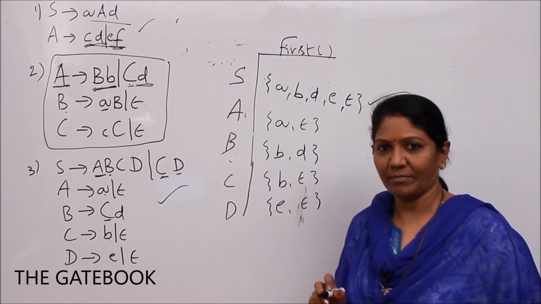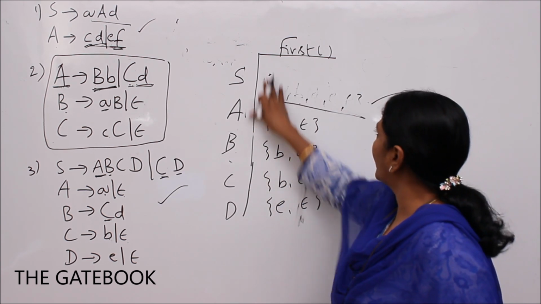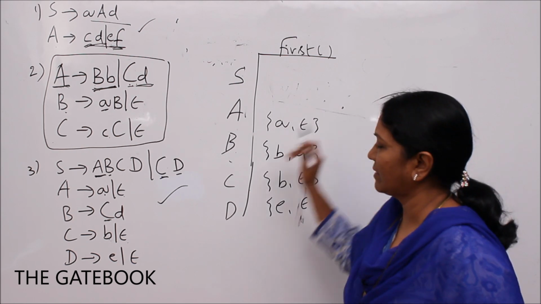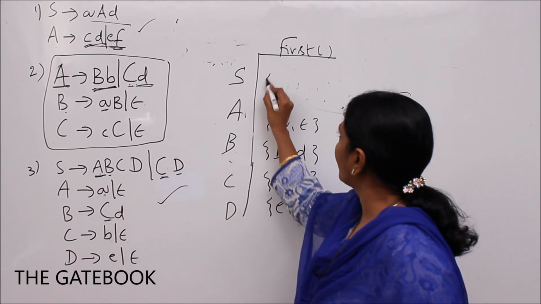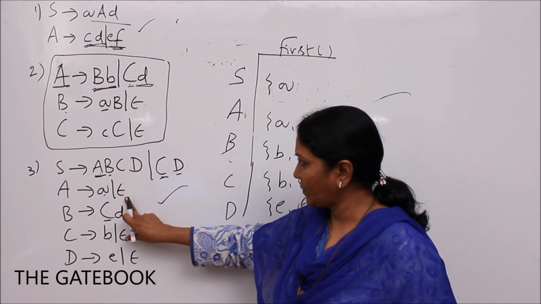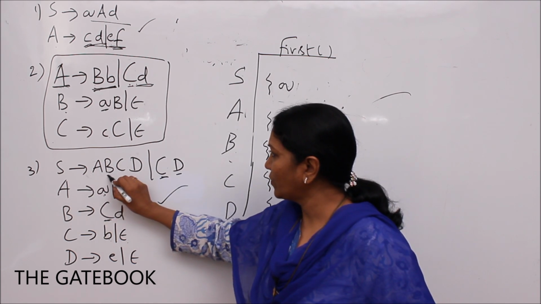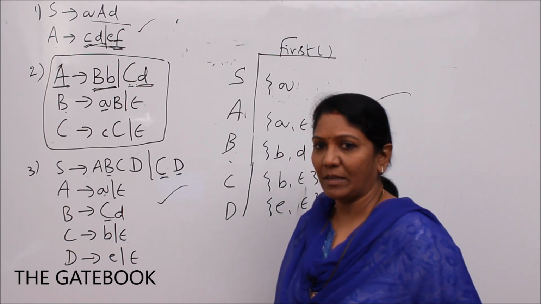Any confusion? Otherwise I'll repeat this once again. How to get first of S. First of S is first of A. First of A is A here. Because of epsilon, now it continues with B. Okay, now what is first of B?